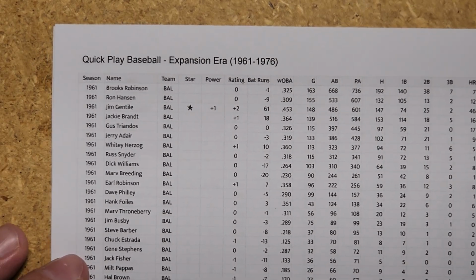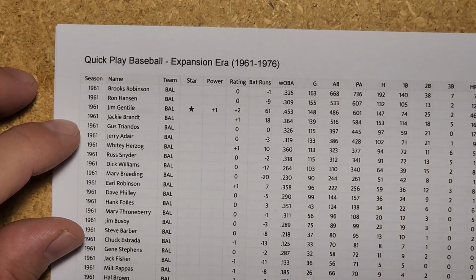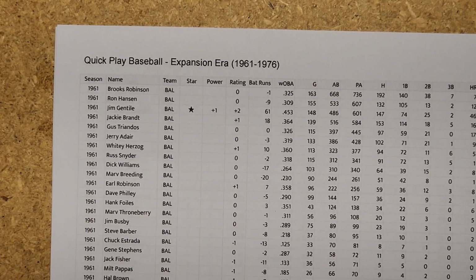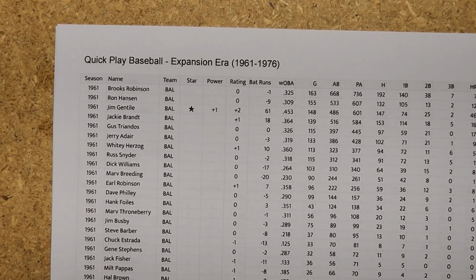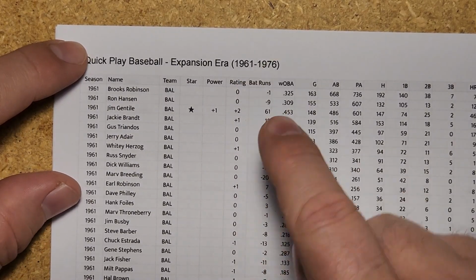So we got page 1, and you can see it clearly tells you what years for these roster sheets. There's about 100 and something pages worth of rosters, because we have every year between 1961 and 1976, every season.